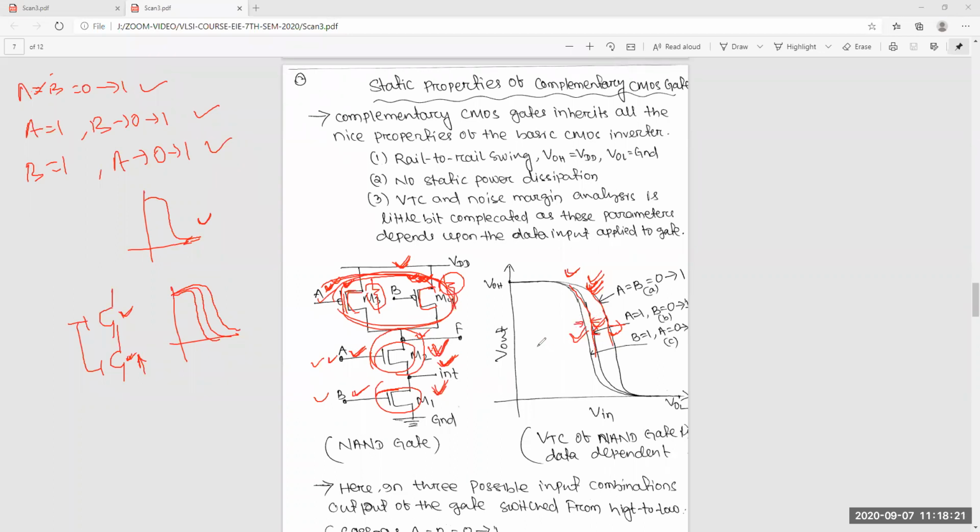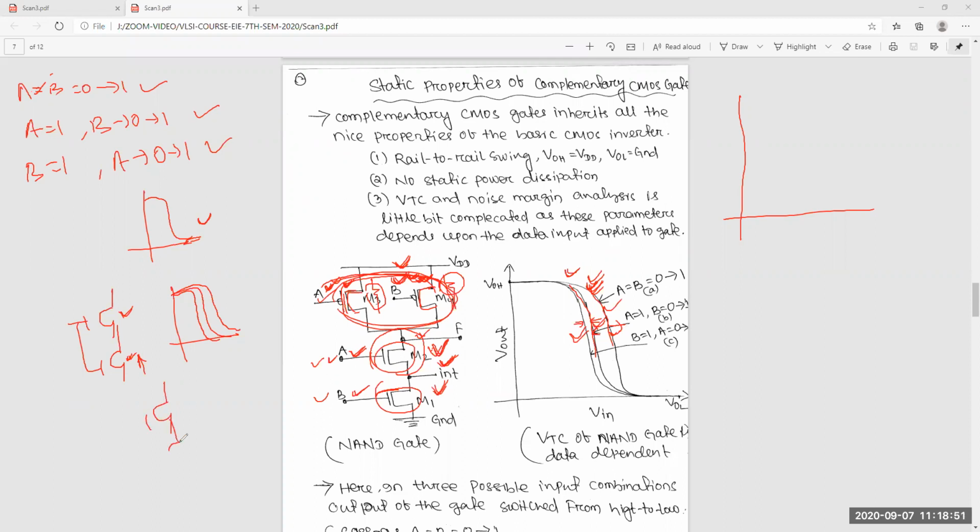Okay, so why is this? Why are you getting the first curve, this one? Because the strength of NMOS will be less. How can you say?